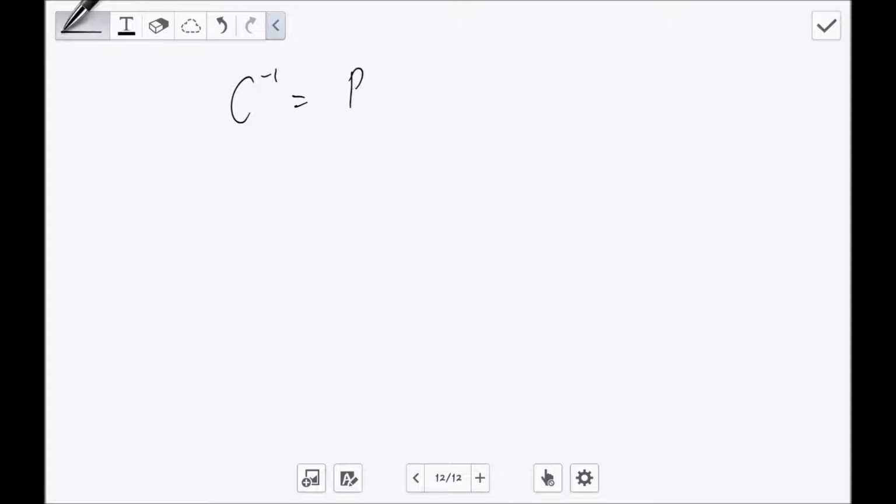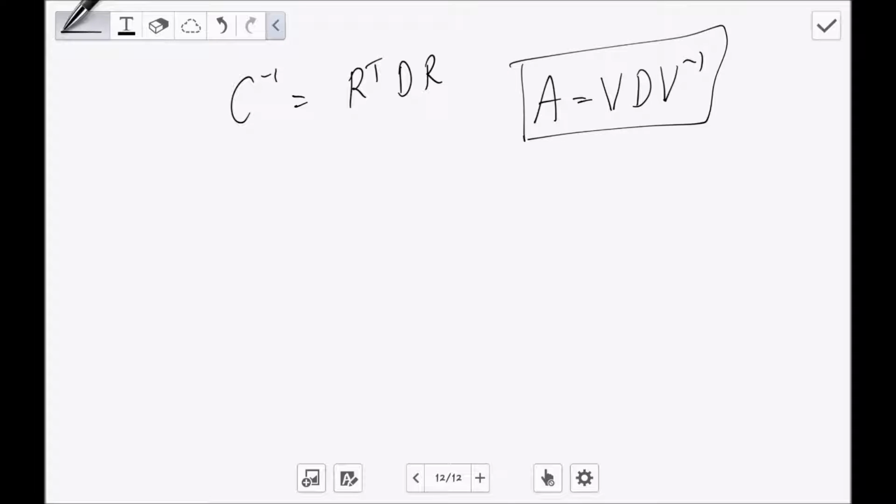C inverse is R transpose D inverse R, but before that, so as to keep track with EVD, which had A equal to V D V inverse, we will make R transpose equal to P. Therefore C inverse will become P D inverse P transpose. Fine.